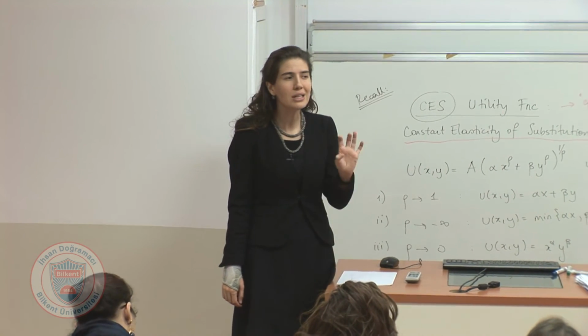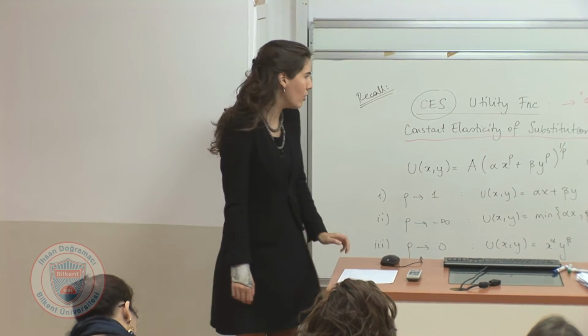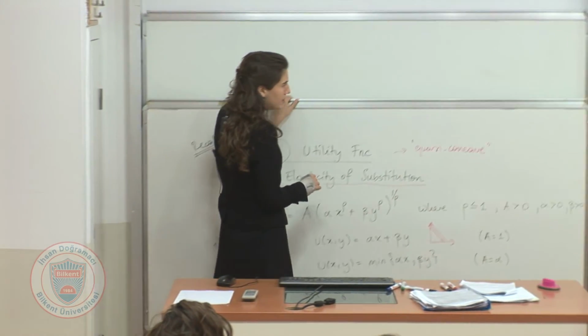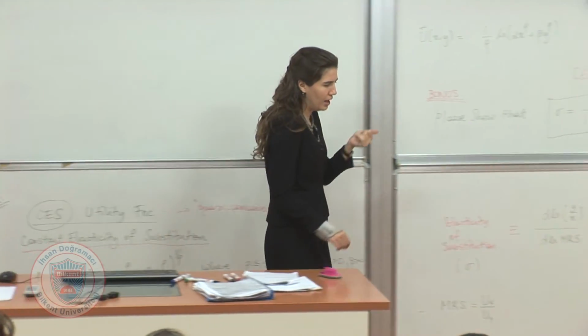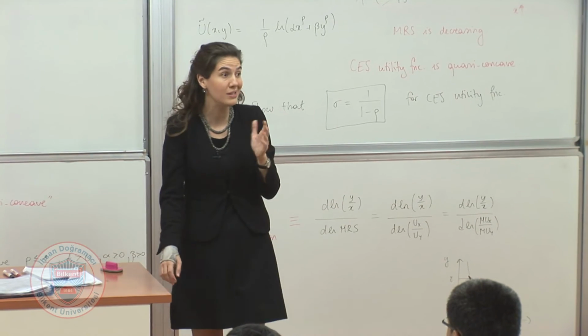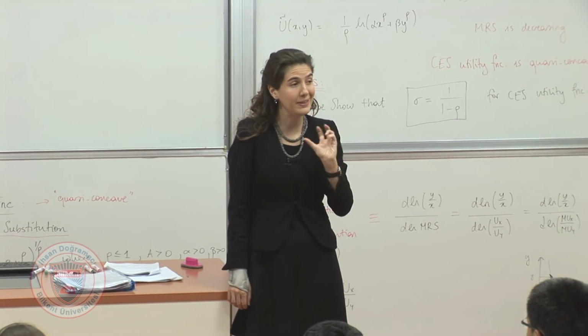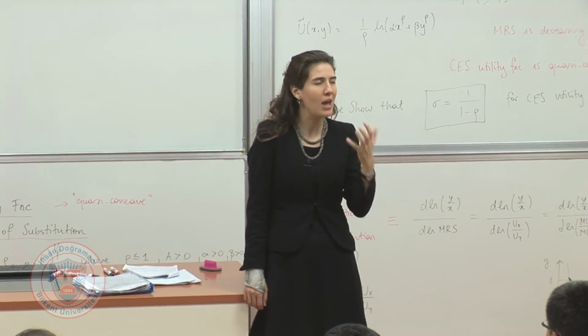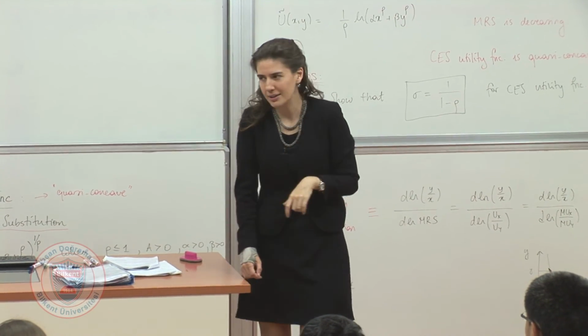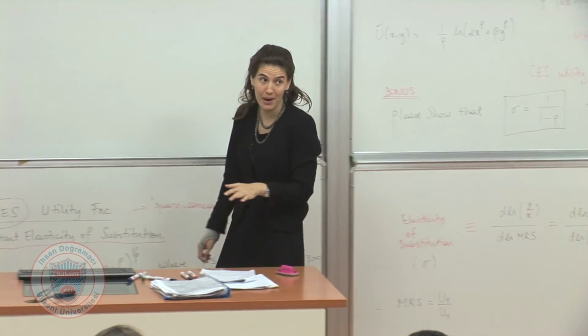So now let's see what homogeneity means, and then let's see what homotheticity means. You'll see that these are very important. Again, they will have some sort of meaning that you can explain to your grandma.